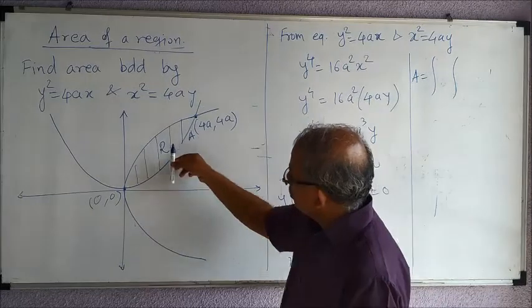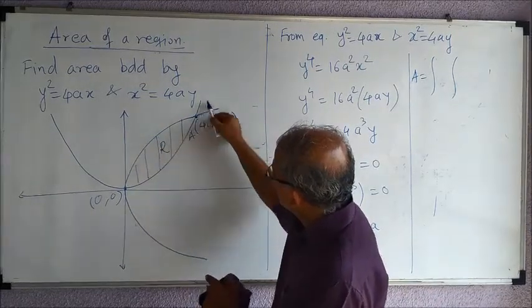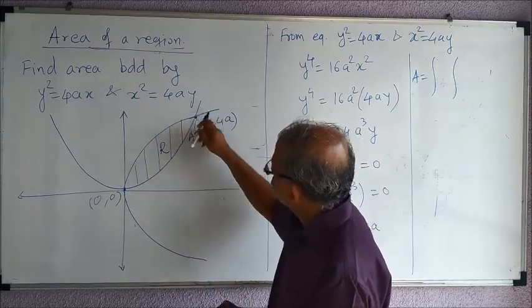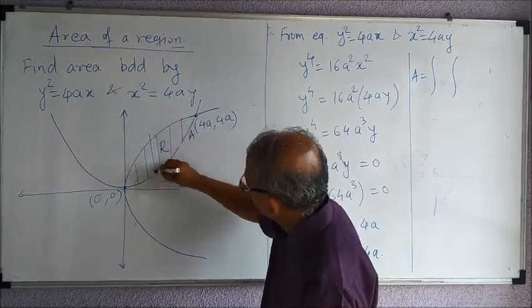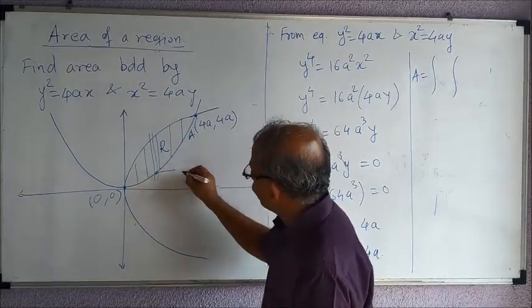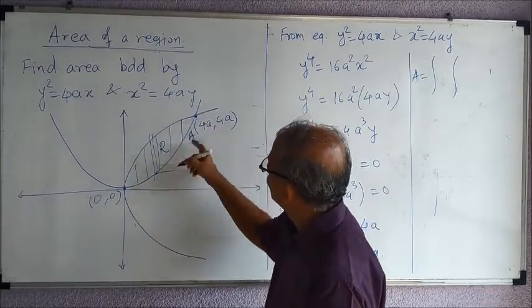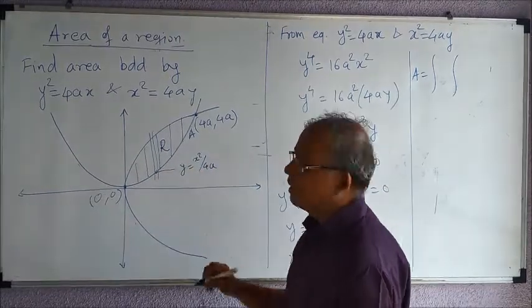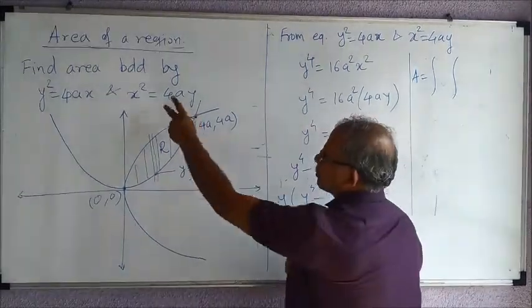Now see, to the lower end, if I just move my pen like this, it intersects y equal to x square by 4a. So I just shifted the terms.